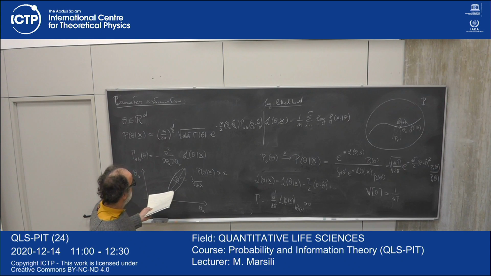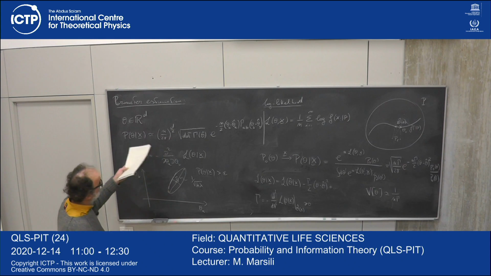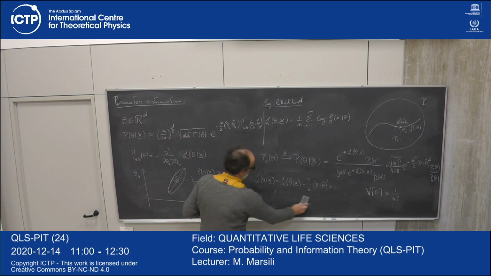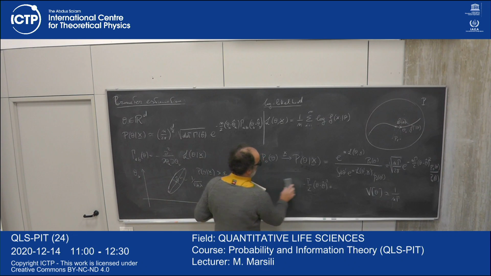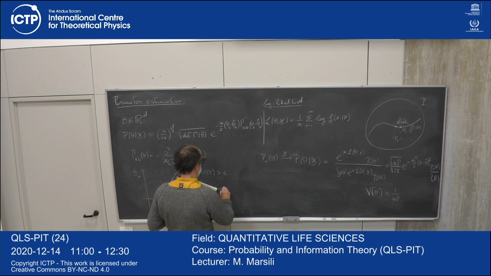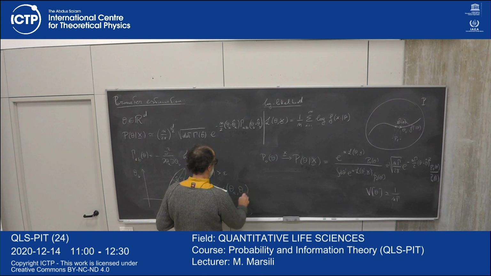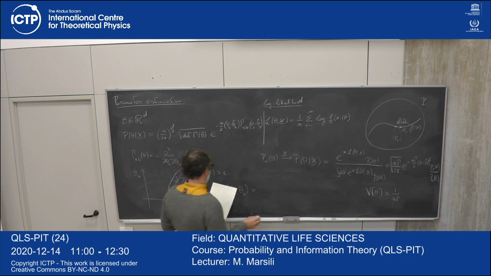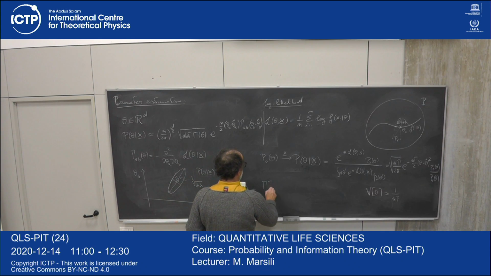Another way to see this is that essentially in D dimensions, the covariance between your estimates of the parameters theta A, theta B is equal to the inverse of the matrix gamma AB computed in theta hat divided by n.